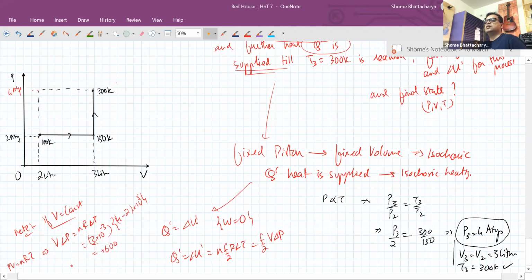So NR delta T is plus 600 joules. Substitute that here.